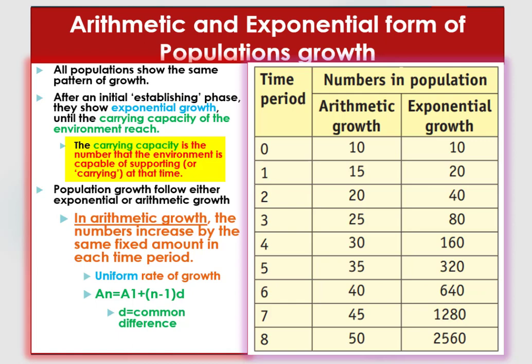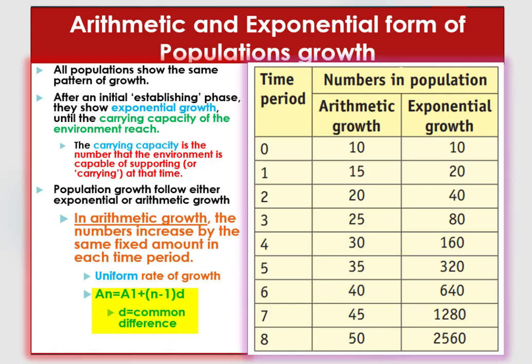Population growth follows either exponential or arithmetic forms of growth. Arithmetic population growth means the process in which the population density increases by the same fixed amount in each time period. This produces a uniform rate of growth over the time period.